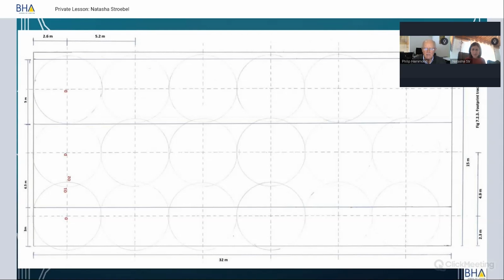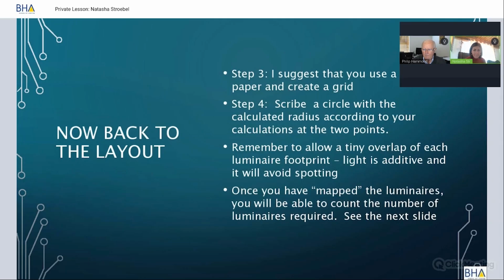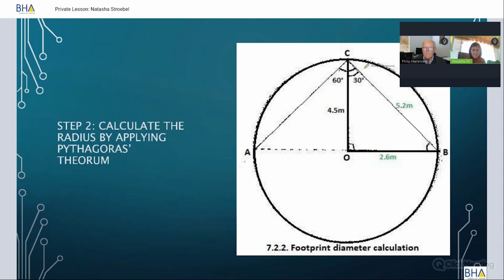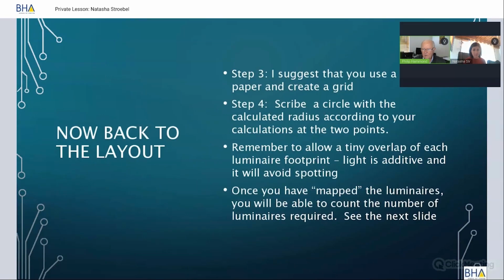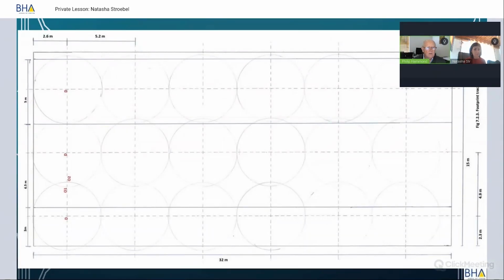Because I calculated, there it is. If I know what that is, there's my entire circle. Right. So now I draw those circles on my graph paper. There they are. I've drawn them. So if you have a look there, there's 6, 3s are 18. Okay. So I've got 18.